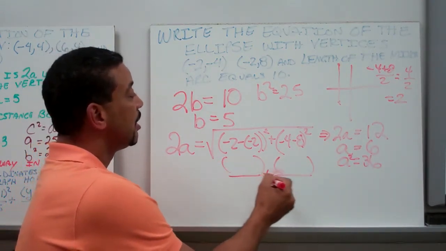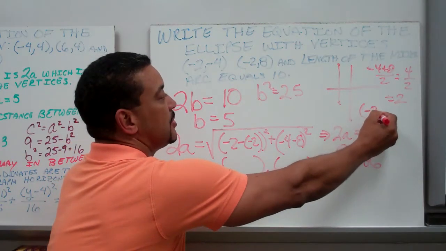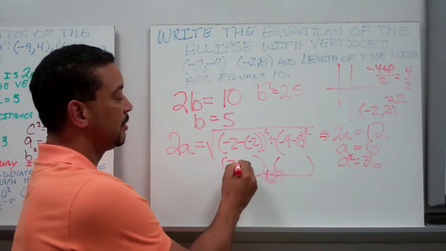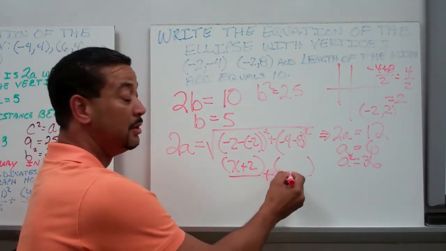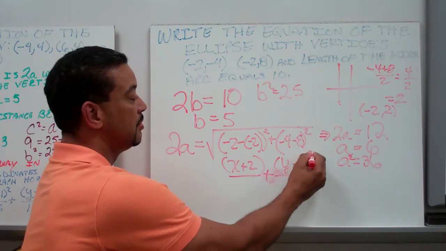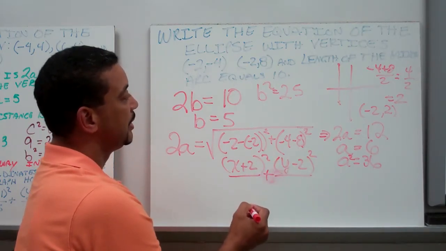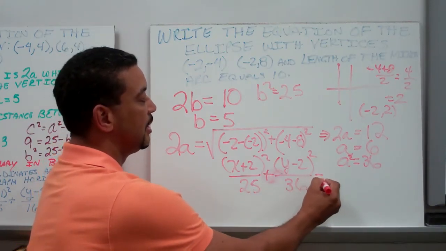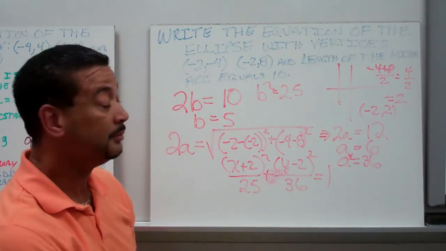So our center is at (-2, 2). This would give us (x plus 2) squared over 25, plus (y minus 2) squared over 36, and that's going to be equal to 1.